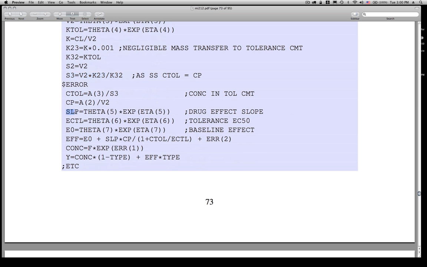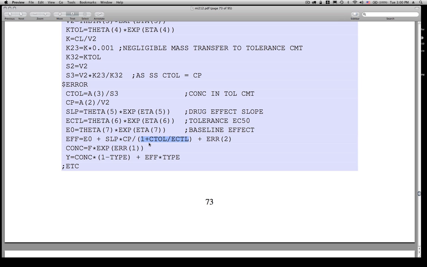We specify the PD model here, which is a slope for the pharmacodynamic response. We have an EC tolerance, which is an estimated parameter. We have an E0, which is the baseline. And so effect is the same expression I showed you above. It's the intercept, the baseline effect, plus slope times concentration in plasma, divided by this modulation from the tolerance compartment.